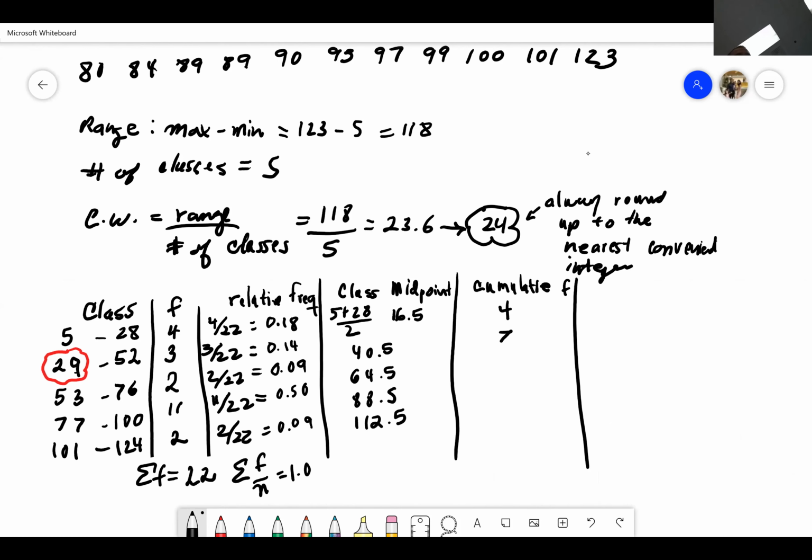By the time we get to 76, what's 4 plus 3 plus 2? By the time we get to 100, what's 4 plus 3 plus 2 plus 11? 20. And by the time we get to 124, what's 4 plus 3 plus 2 plus 11 plus 2? We should have the same total amount of numbers there in the last class.